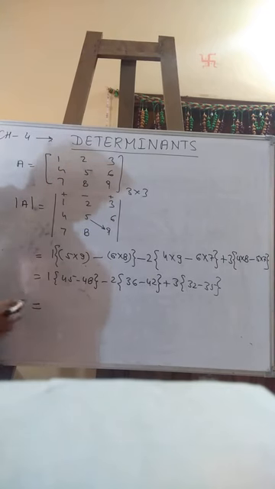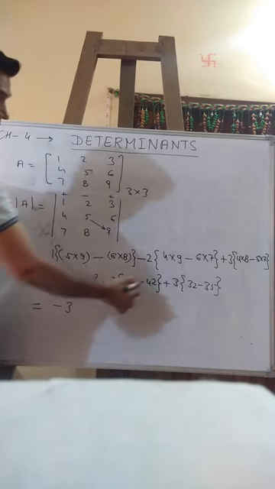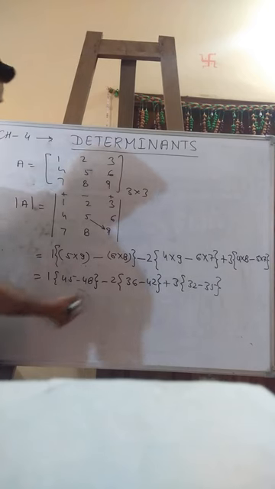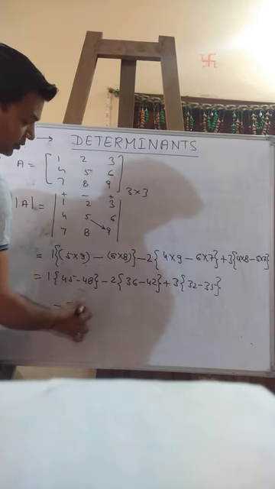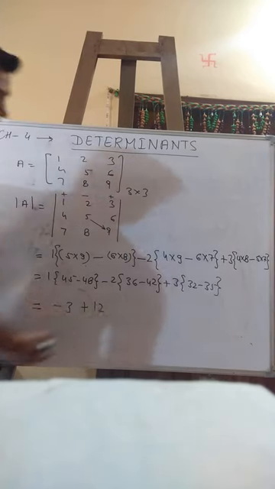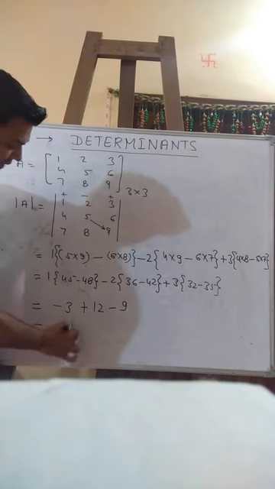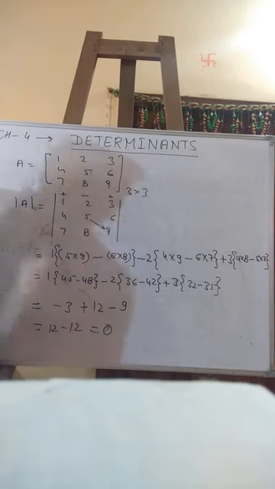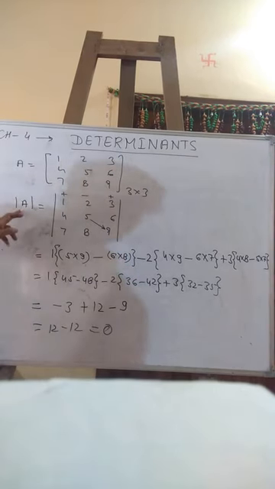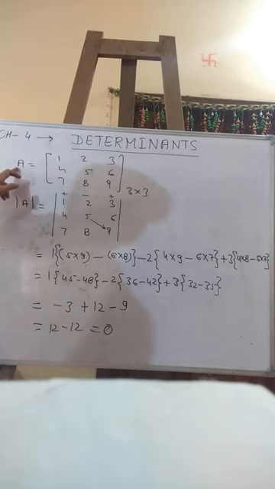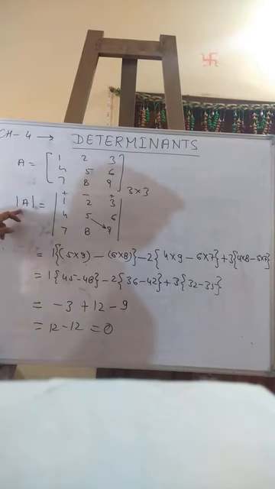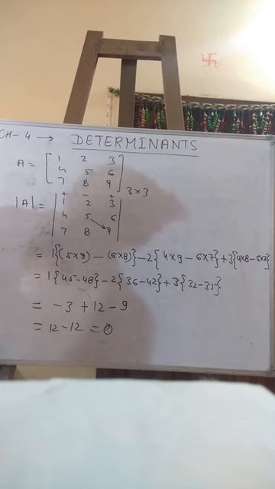That is 45 minus 48 is minus 3. 36 minus 42 is minus 6, so minus 2 multiplied by minus 6 gives plus 12. And 32 minus 35 is minus 3, multiplied by 3 gives minus 9. So 12 minus 12 becomes 0. This is the numeric value of this matrix A, which is called a third order determinant value.